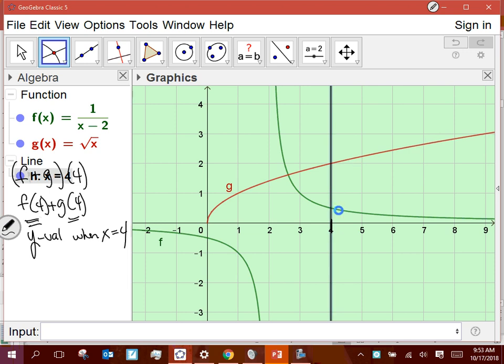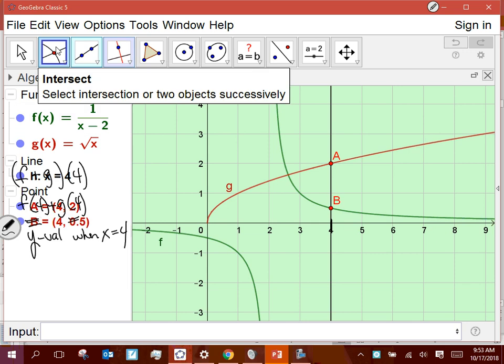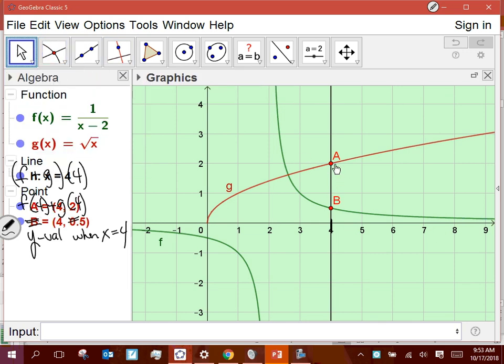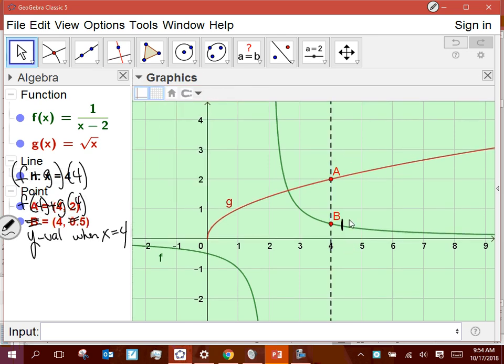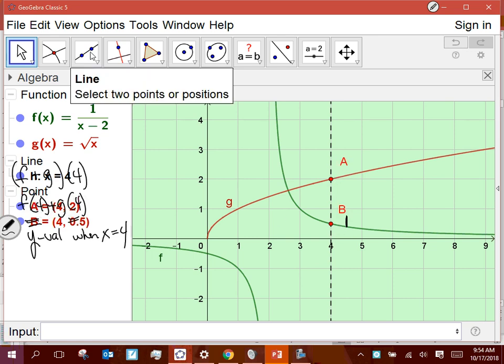So it's saying when X is 4 is that line right there. Okay. So it's saying take the Y value of B and the Y value of A, add them together.